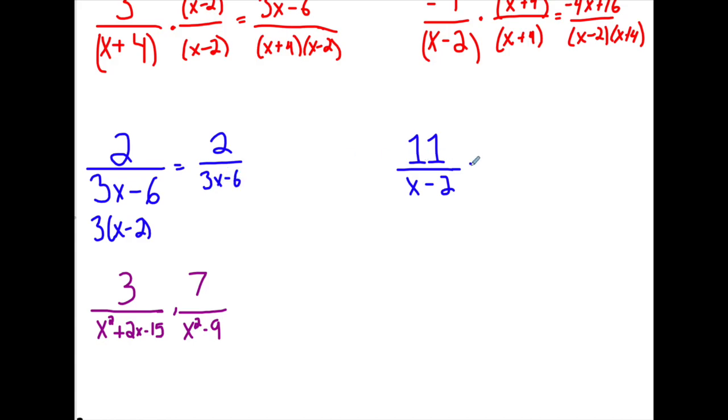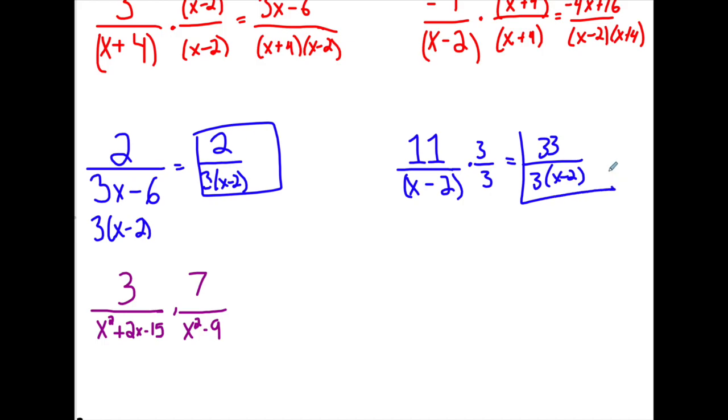But I'm going to multiply this by 3 over 3, because this is 3 times x minus 2. So now this will be 3 times x minus 2, and up top I've got 33. Now that they have the exact same denominators, I can simply add or subtract across the top and do any kind of addition or subtraction problem that I want.